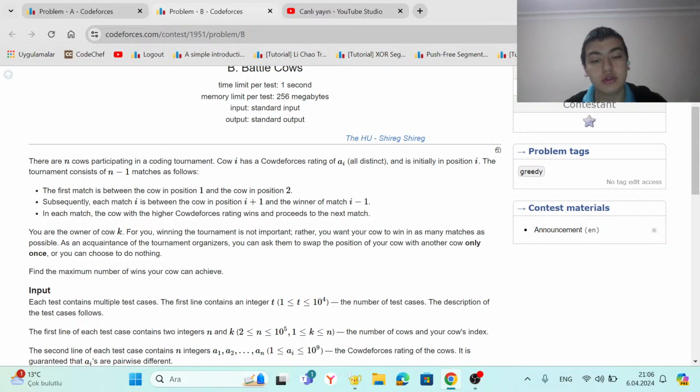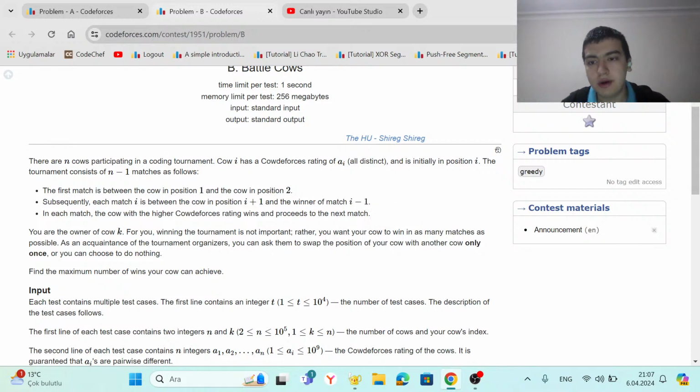So the maximum number will always proceed to the next match. So we can say that this will be equal to the maximum of the first i-1 elements.